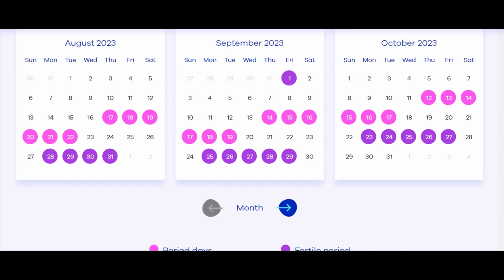Now, why is this so? As I stated earlier, ejaculated sperm can survive for an average of 3 to 5 days in the reproductive tract of a woman. So if the woman has intercourse on the 28th, the sperm can last in her system for a period of 3 to 5 days.